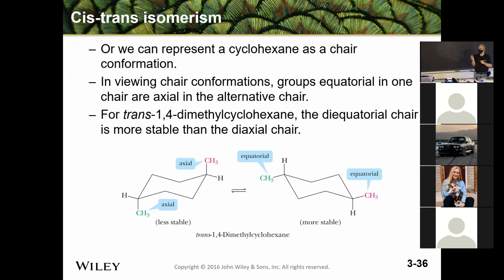Especially if you look at the hydrogens, this one's down, this one's straight up. So this one's still on the bottom, this one's on top. There was no change in cis and trans, but there was a change from axial to equatorial.